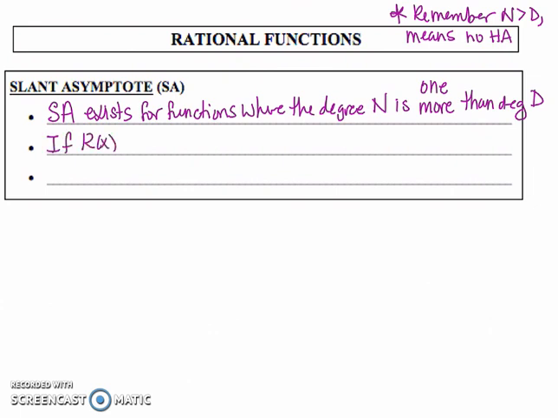So if your polynomial r of x is equal to p of x over q of x, and you do long or synthetic division, depending on which one you're able to do. Remember, you can only do synthetic division if you're dividing by a linear factor.